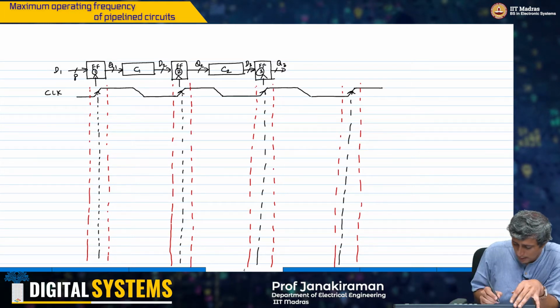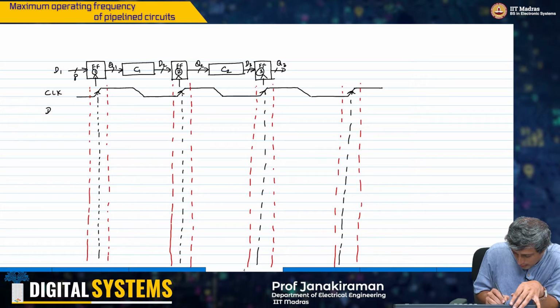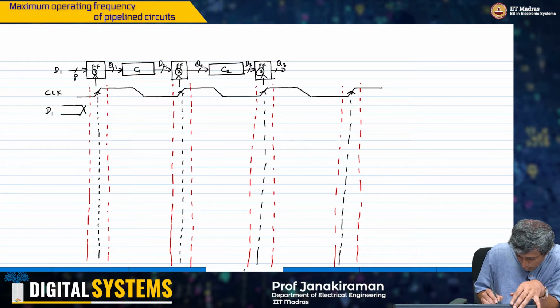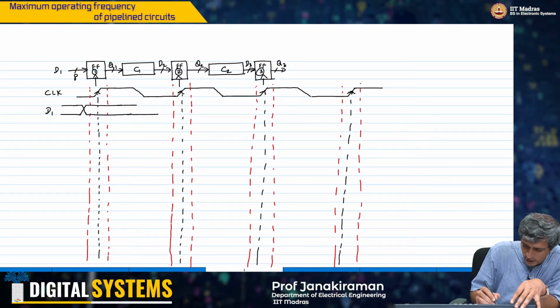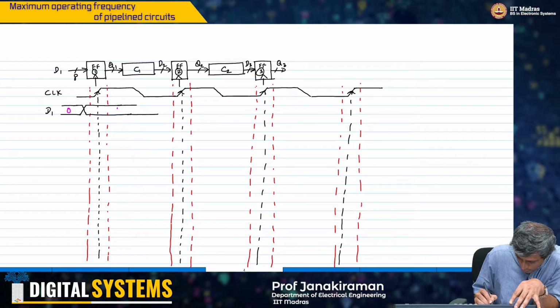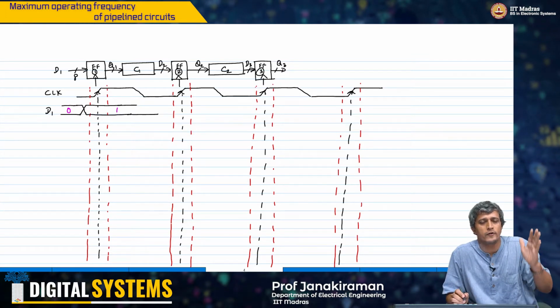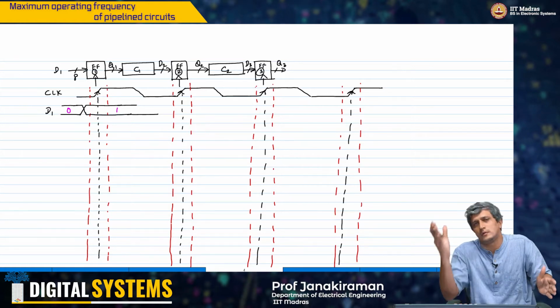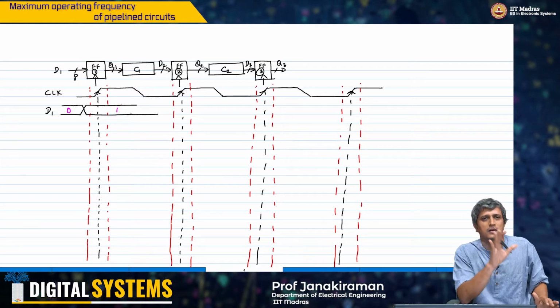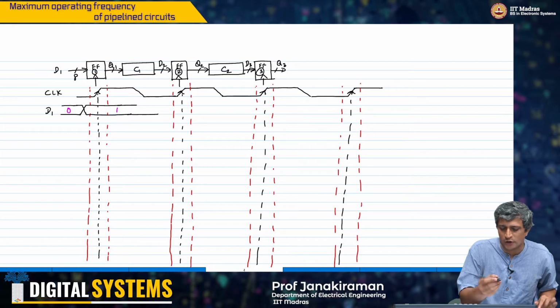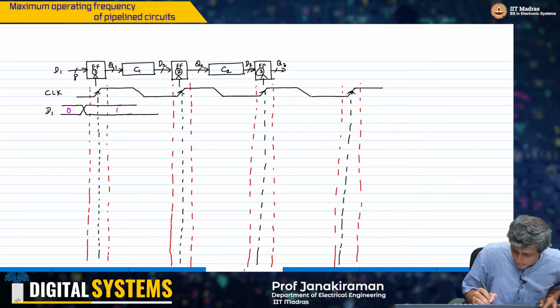For that to happen, obviously my D1 should change before this setup and hold time window. So this one is some data state 0, this is state 1. It's going from some 8 bits to another set of new values for the 8 bits. I don't care what they are. For simplicity, let me assume all these numbers are 8 bits.